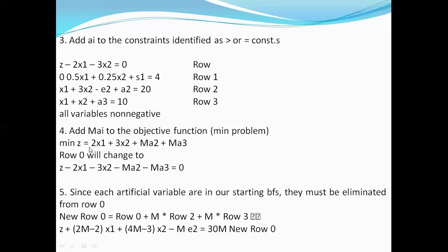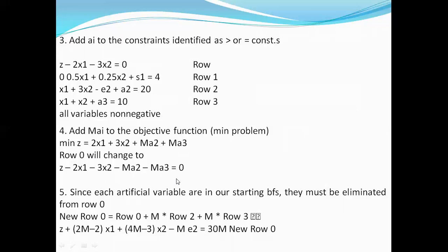So minimum z is equal to, considering M with respect to the artificial variables, a2 plus M times a3. And this row, when equated to 0, upon simplification we will get this value, moving the RHS terms to the left hand side, equal to 0.